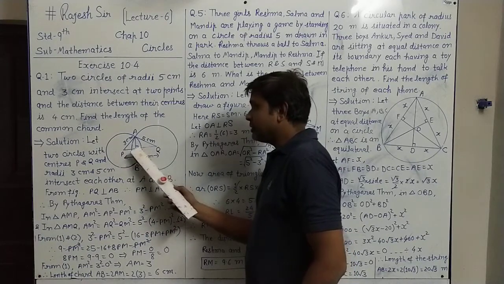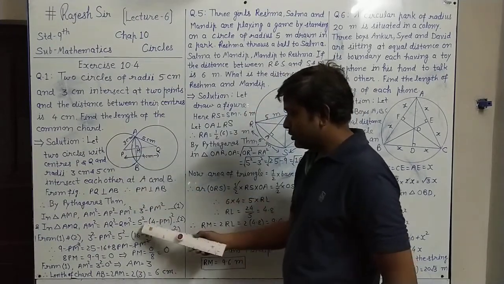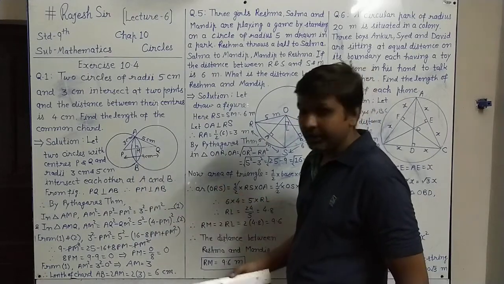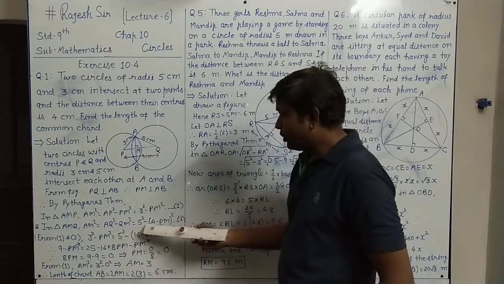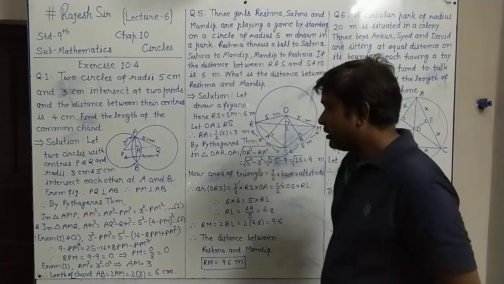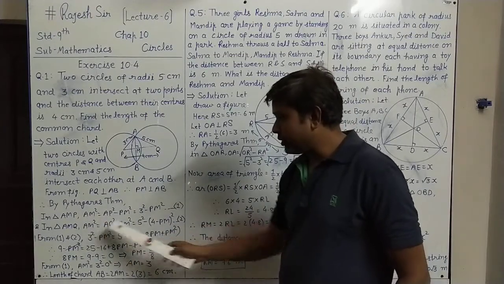So QM is 4 minus PM. Geometrically you can see in the figure. So in place of QM, 4 minus PM and a whole square as it is. Say result 2. So result 1 and 2 both are the answers of AM square only.